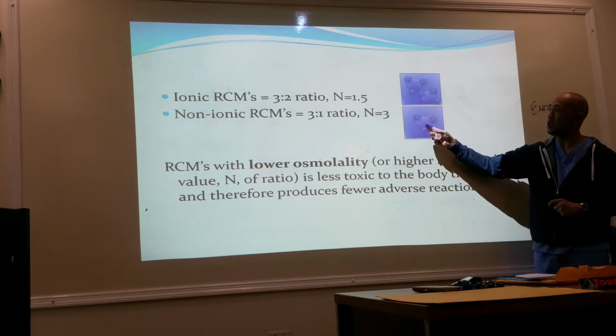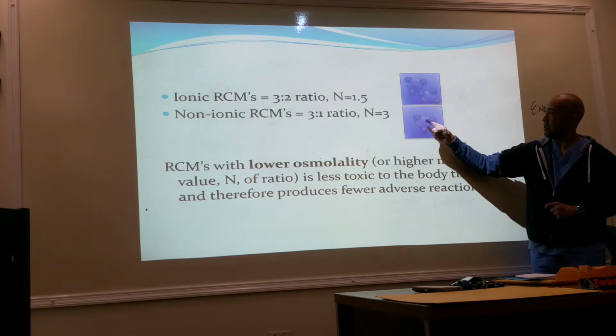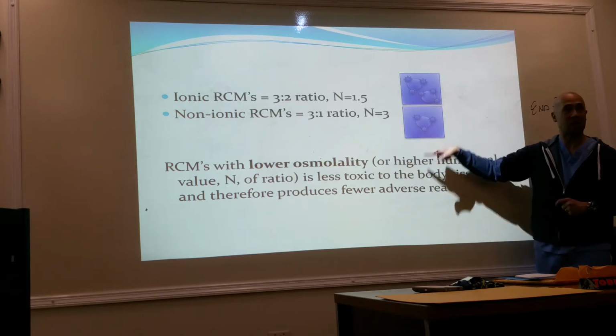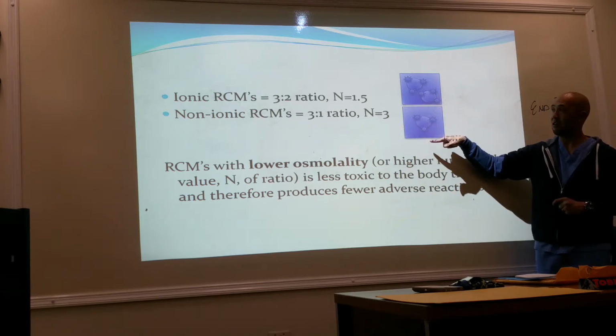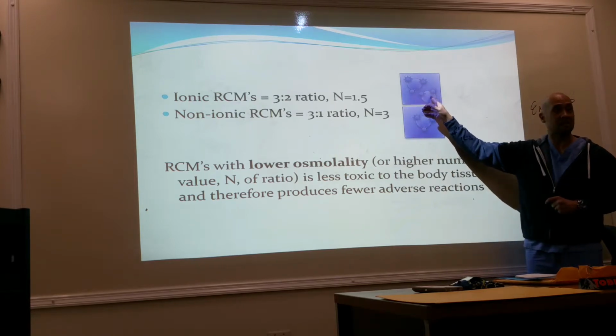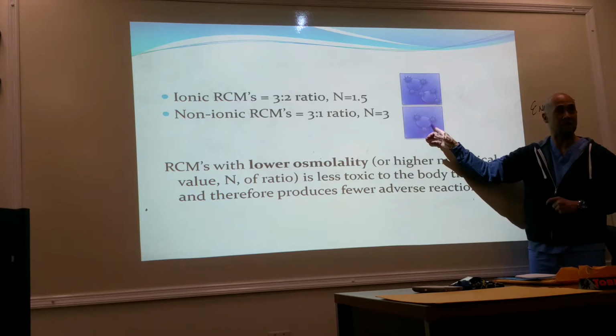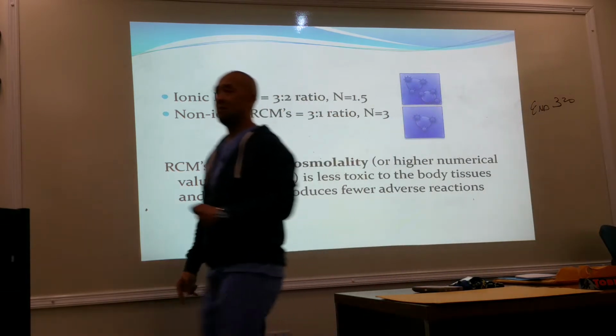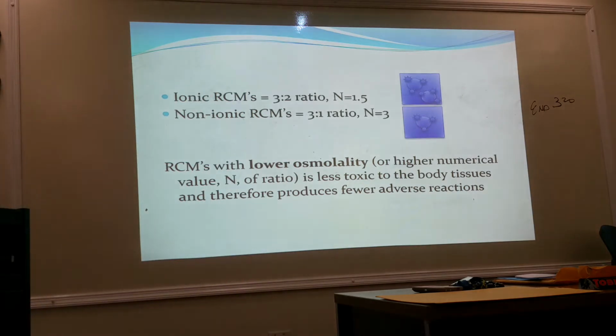And then here, you're only going to have 3 on 1 molecule. So which has more iodine? The first one? It's going to be this one, right? Because we've got a total of 6 versus only 3 over here.